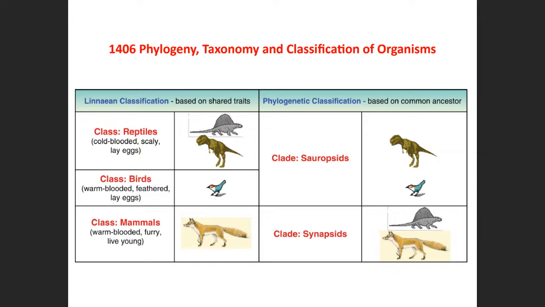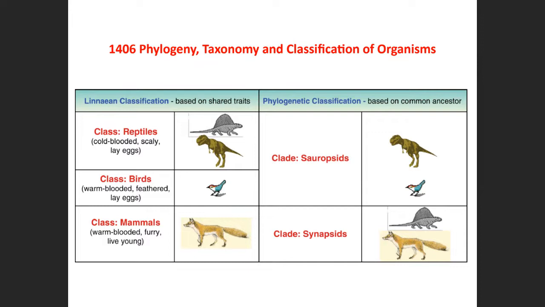Okay. So the last time we were together, I told you that I would probably end up breaking up the PowerPoint that I had, to separate out the phylogeny and the taxonomy and the classification, so that we could address that pretty quickly. And so that's what I did for you all. So if we think about this for a minute, phylogeny, taxonomy, and classification of organisms, right?